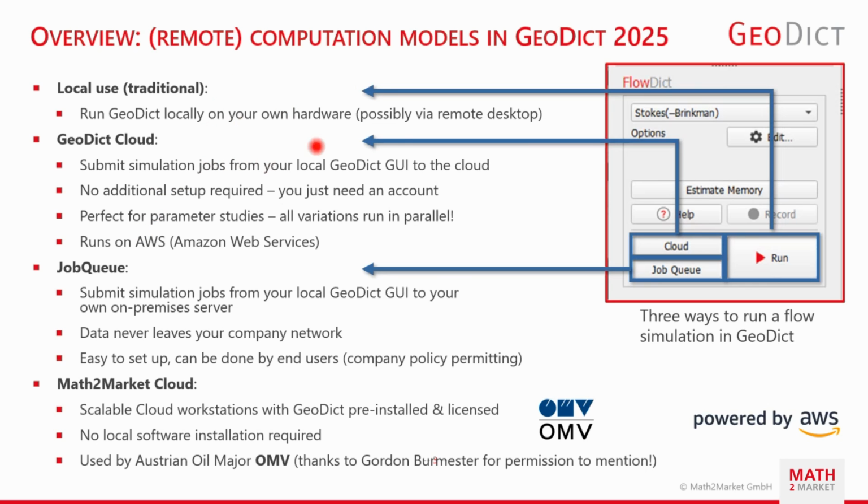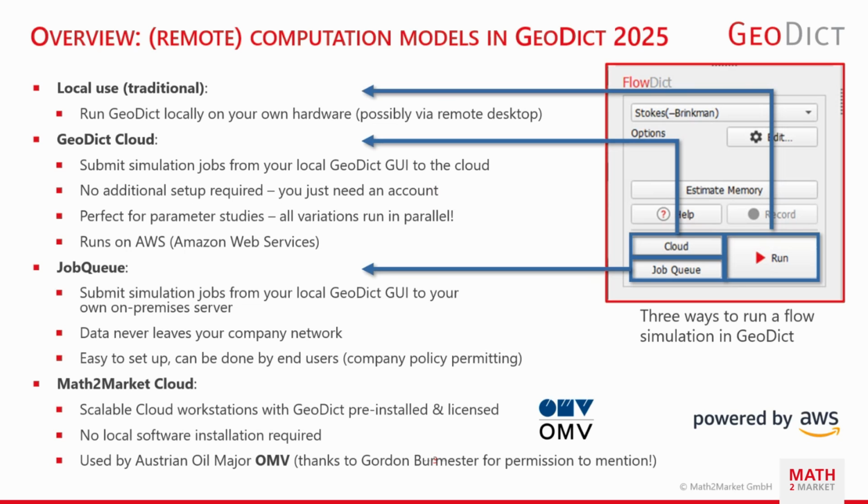But now we also have the Cloud button, which submits the job to the GeoDict Cloud. Then we have the JobQueue button, which submits the job to the JobQueue. And we have another solution, the MathMarket Cloud, which is not integrated in the GeoDict user interface, but runs in your browser.